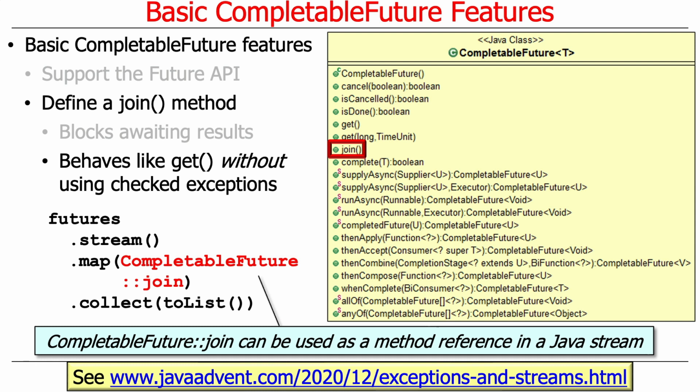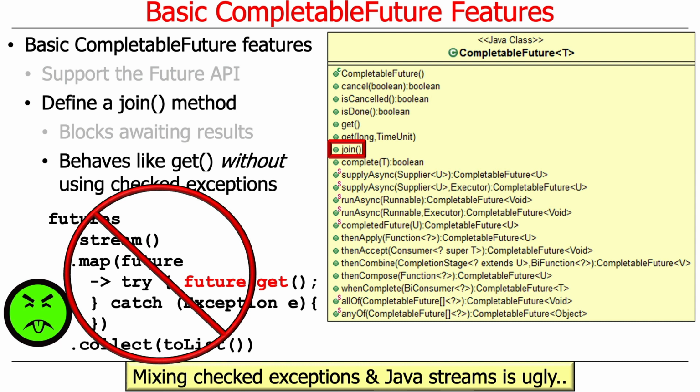So you can use it in a Java stream like this. If you had a list of futures, you could stream them, and then you could join each of the futures by calling map with CompletableFuture::join as a method reference, and then you could collect the results into a list. In contrast, if you tried to use Future get, then you'd have to use a try-catch construct, which just looks ugly.